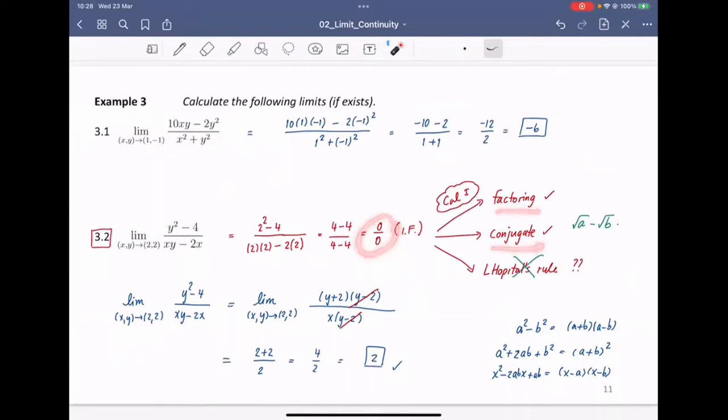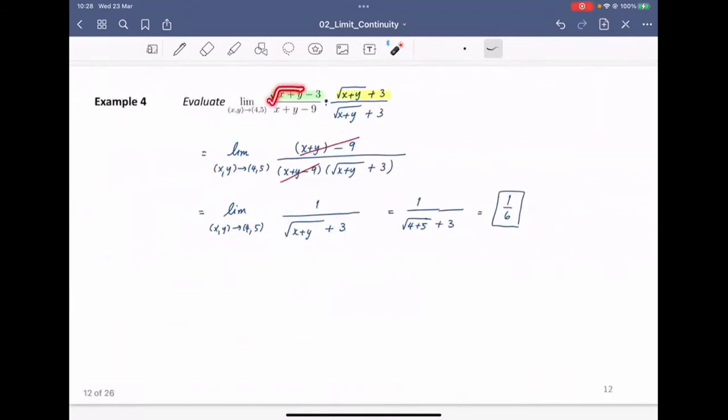If you see squares or something that you can pull out, factoring is going to be the best way to do it. But if you see a square root sign, maybe the conjugate is the one you should try. And hopefully it cancels out, and then you can compute the limit. This is the concept for how to compute a limit.